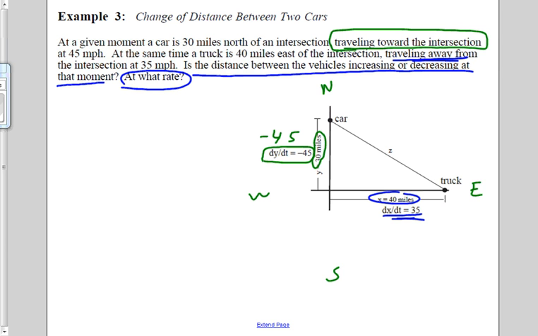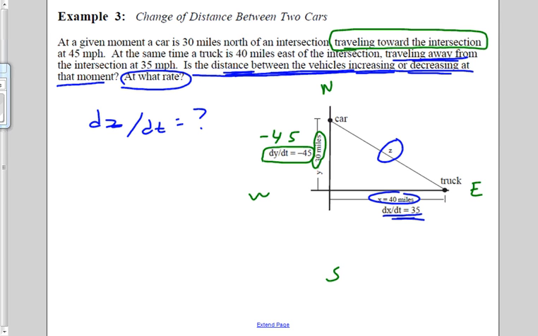The distance between the car and the truck is z. What we're looking for is the rate at which that distance is changing. So what we're really looking for is dz/dt.